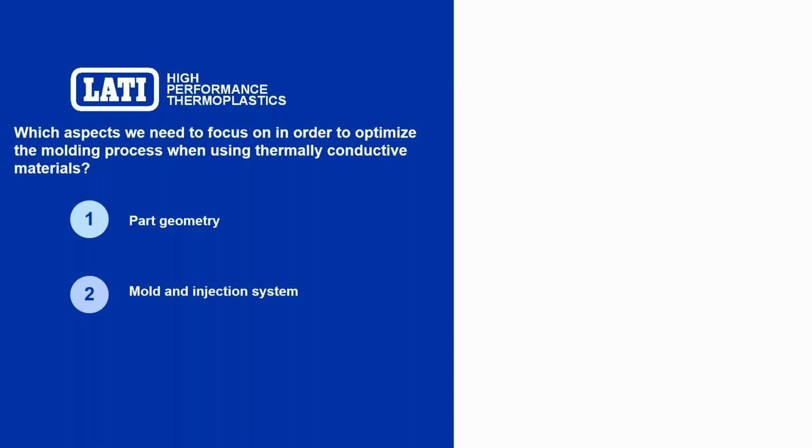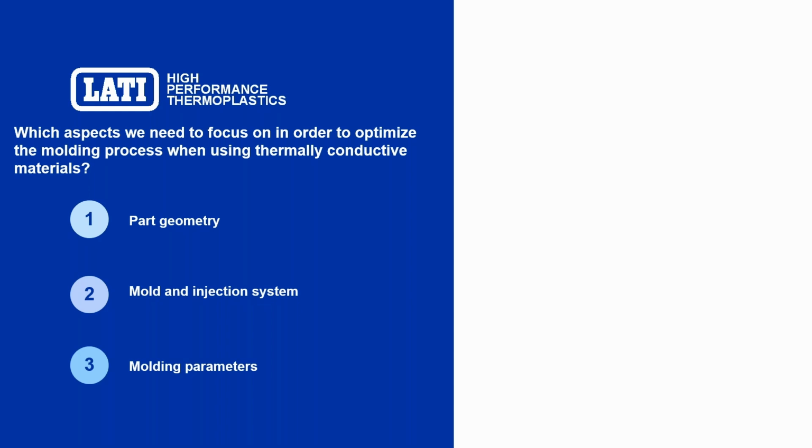Then, based on the part's geometry, we need to choose a proper injection system. This will determine the window of molding parameters we will have at our disposal to manage any eventual variation, for example in terms of material fluidity from one batch to another.